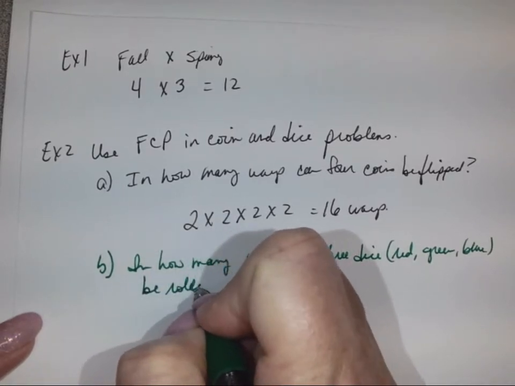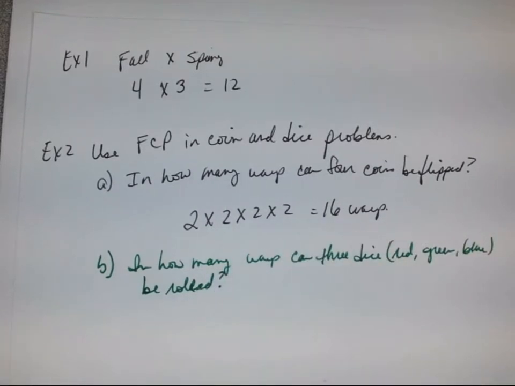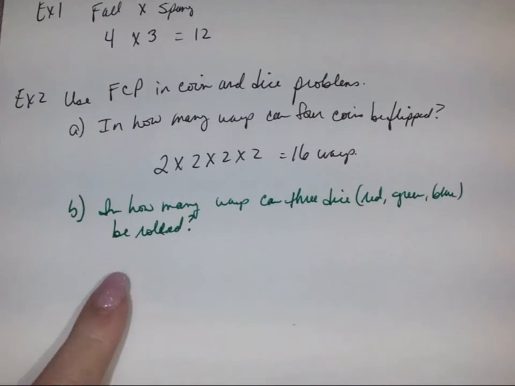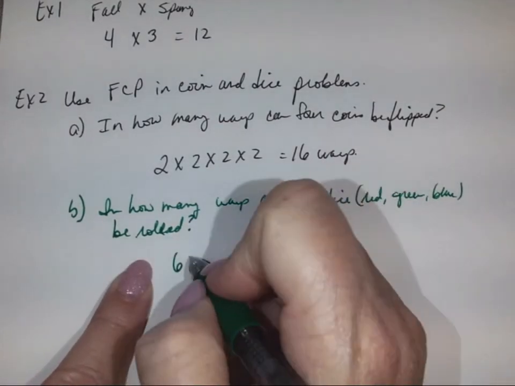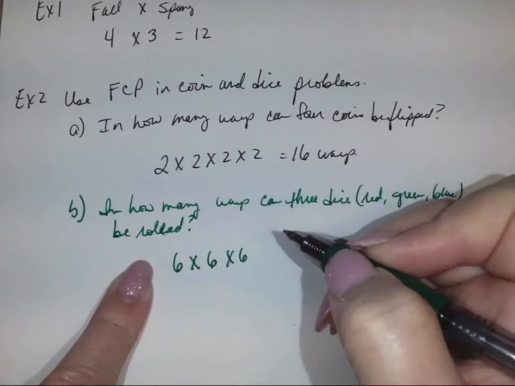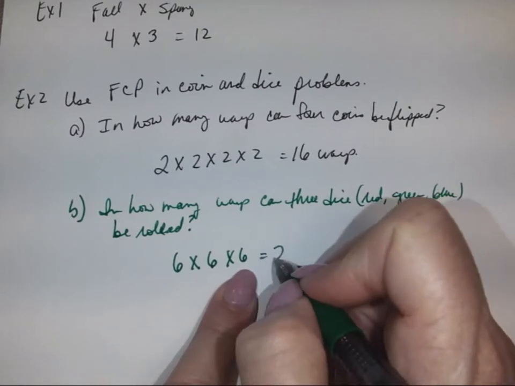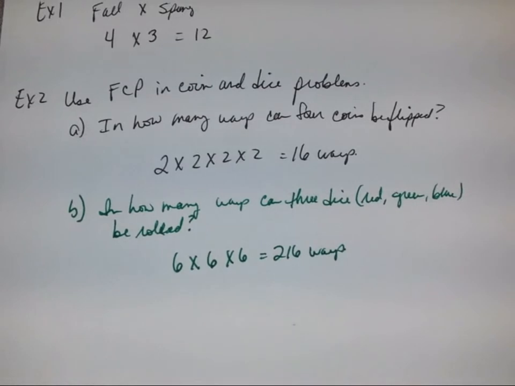Now, since they don't mention a side in this, we're going to assume it's a 6-sided die. So if we roll the red one, there are 6 choices because it's 1 through 6. Times on the green would be 6, times the blue would be 6. 6 times 6 is 36, times 6 will get us 216 ways, or combinations you could get when you roll those 3 dice.